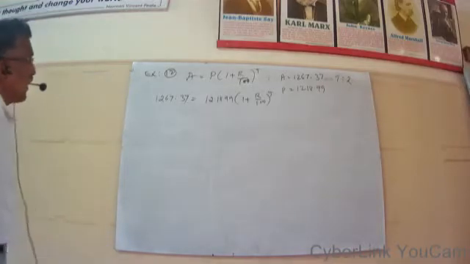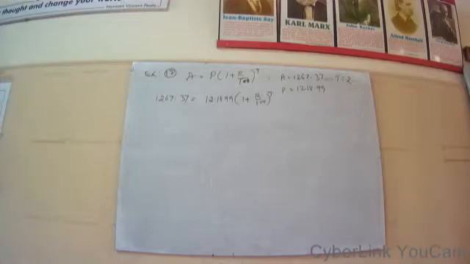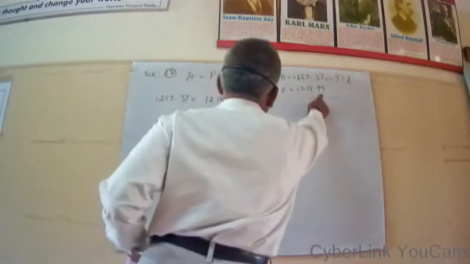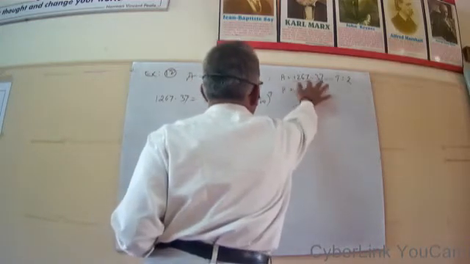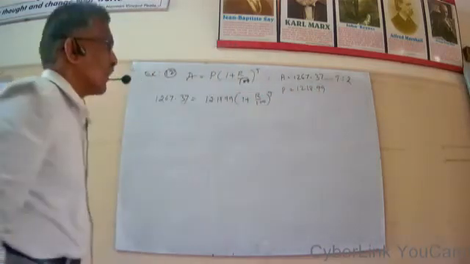See here A is given two times. A sum of money is invested, so we have to determine the principal amount and the rate of interest. A sum of money amounts to 1218.99 at the end of 5 years, and A is 1267.37 for 7 years.